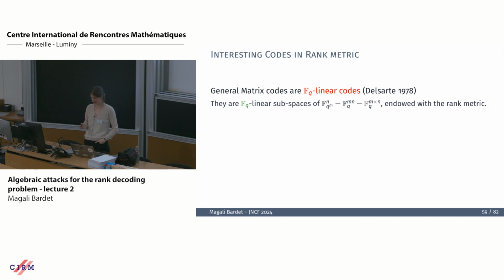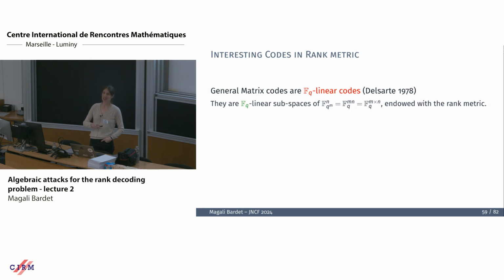And now we can just look at linear codes. As I have vectors over Fq, it's very natural to consider Fq linear codes, which are the codes defined by Delsarte in the first place, and they're called matrix codes. And it's just a linear code as before, using the rank metric.